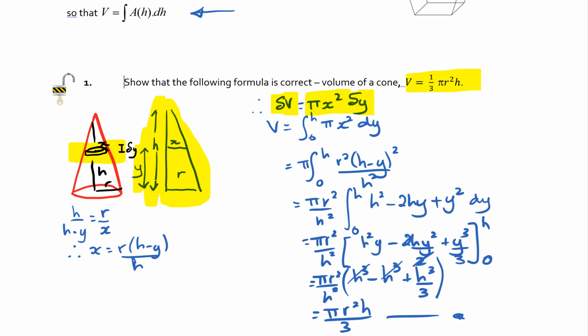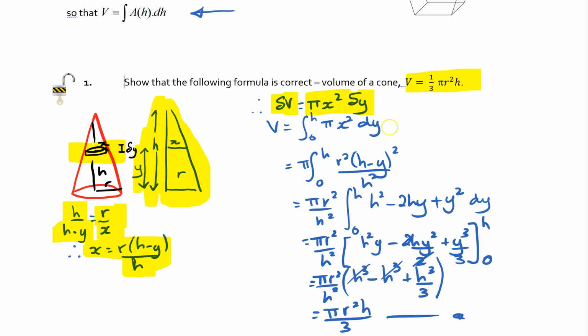So the ratio of h in the big triangle to h minus y in the little triangle, so that's where we have to be careful, equals r in the big triangle and x in the little triangle. So from that we can get an expression for the value of x in terms of y.